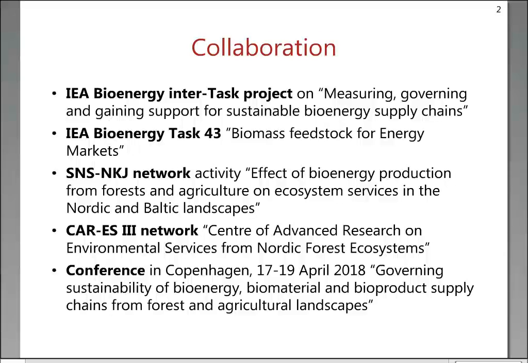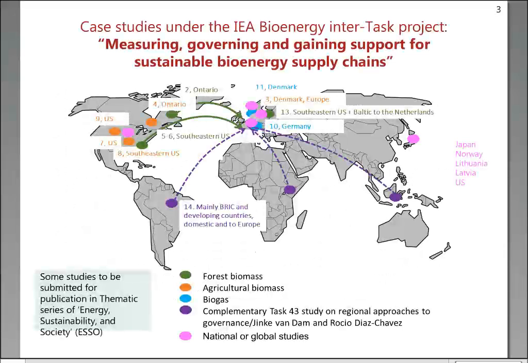We also collaborated in this workshop with what's referred to as the CAR-ES network, or the Center of Advanced Research on Environmental Services from Nordic forest ecosystems. So this has been really quite enjoyable. As the slide points out, we came together in a conference in April of this year. So this webinar today builds on that collaboration and draws from it.